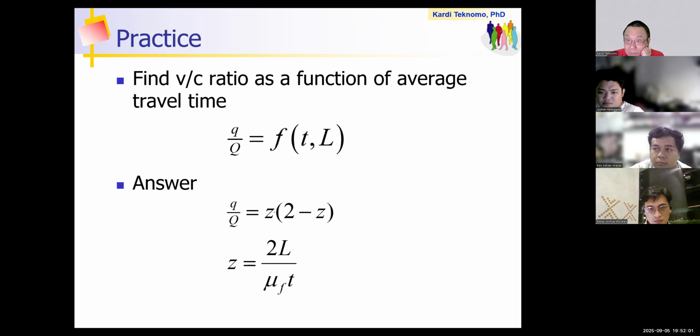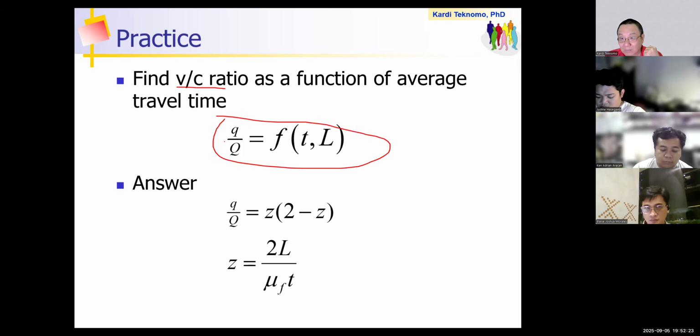You can practice if you want. What is the function between the congestion efficiency ratio as a function of average travel time? I want to get congestion as a function of average travel time, T. In this case, you can calculate.